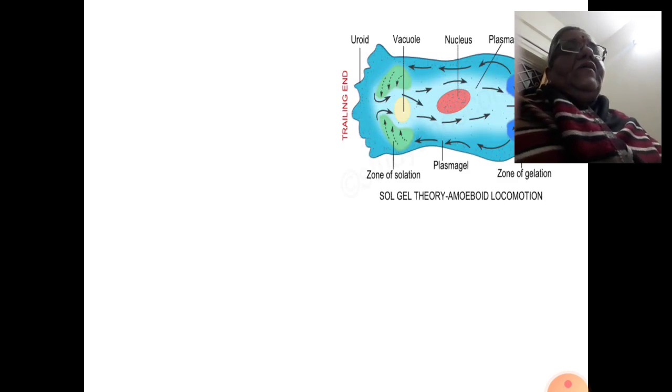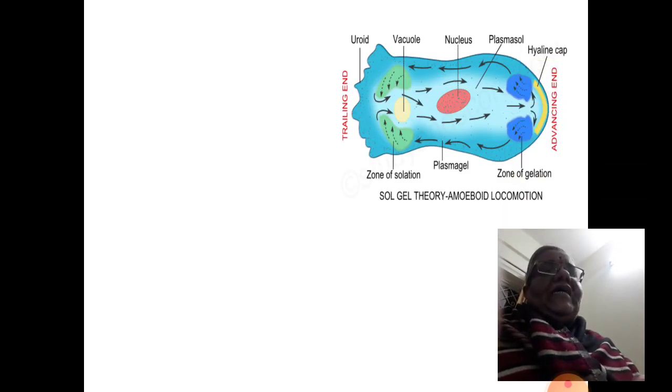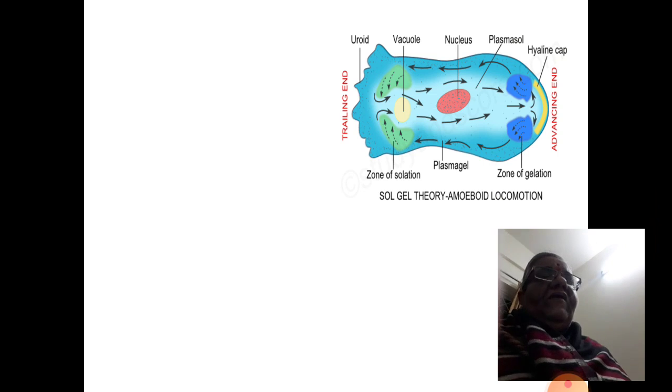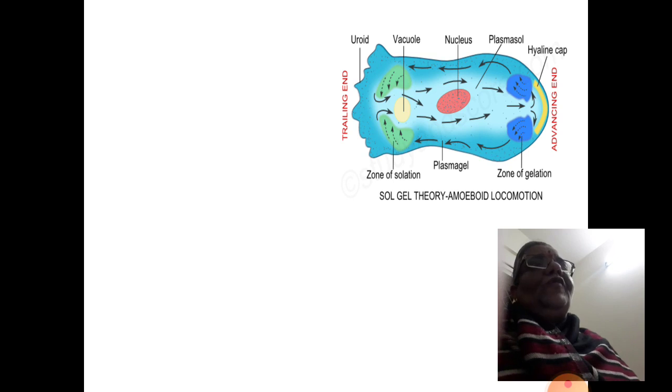Then you can see here the diagram of amoeba explaining the sol-gel theory. Whatever you are seeing in the peripheral region, the dark blue color, that is ectoplasm or the plasma gel, and inside you see the light blue colored fluid, that is plasma sol.